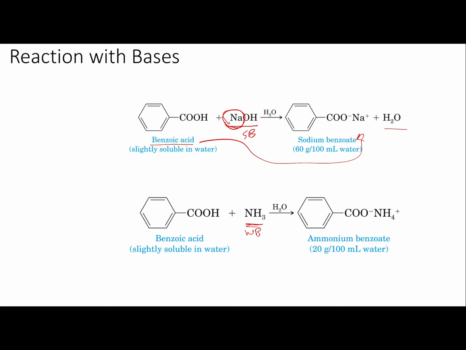This is a strong base up here, sodium hydroxide. But a weak base, remember, does the same thing. Ammonia, we saw in amines, will gain a hydrogen. When you gain a hydrogen in your ammonia, you get a positive charge. The benzoate still forms with our negative charge. And in this case, we get one of those polyatomic cations, ammonium. And we would call this ammonium benzoate.